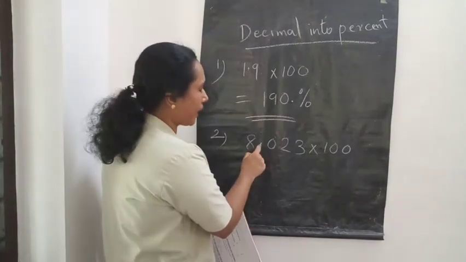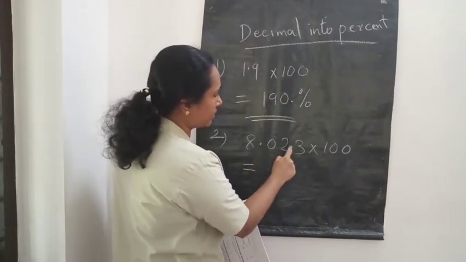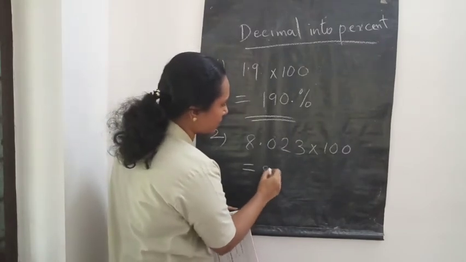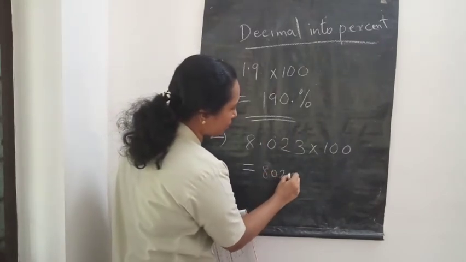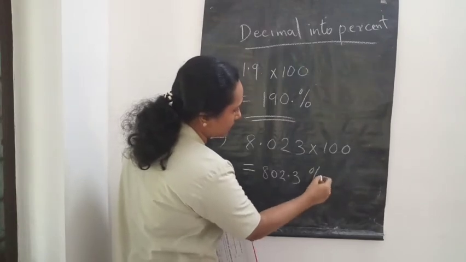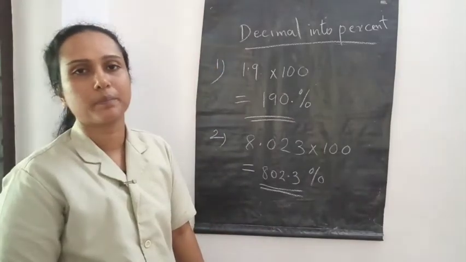Then we get 802.3. Then lastly putting the symbol of percentage. Then the answer is 802.3 percentage.